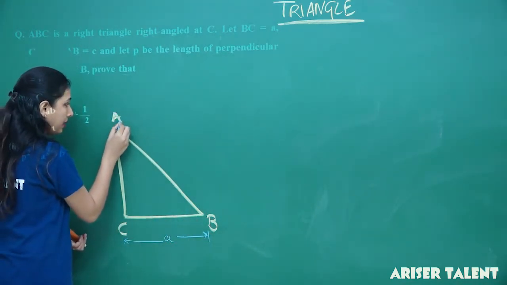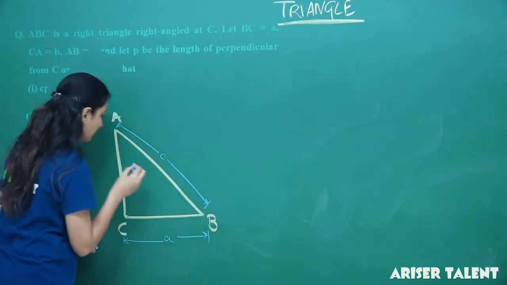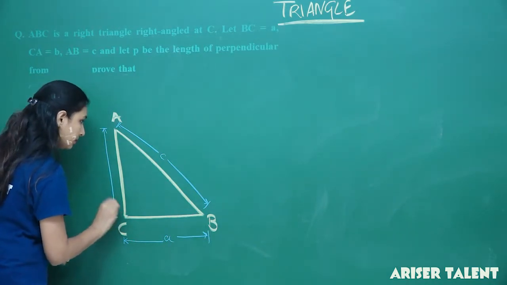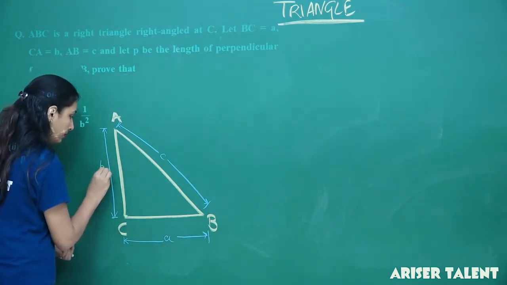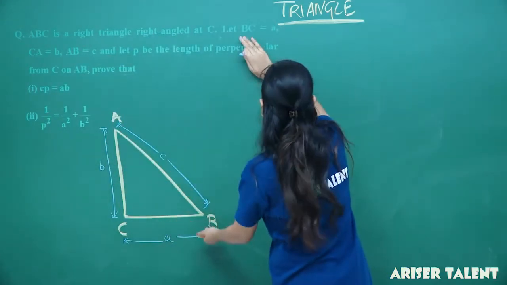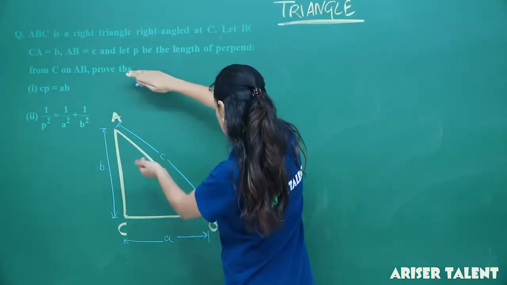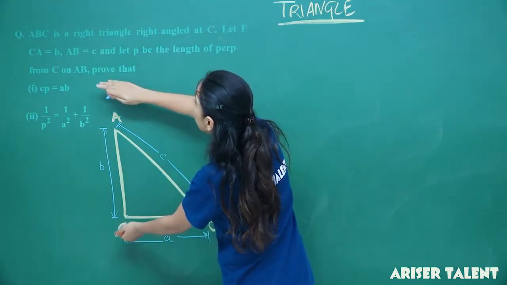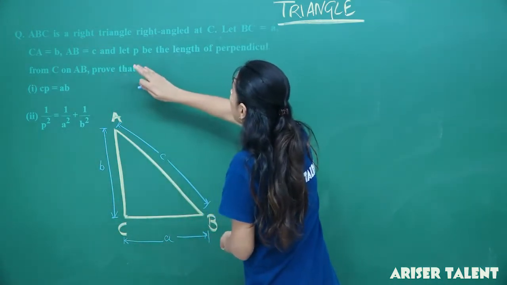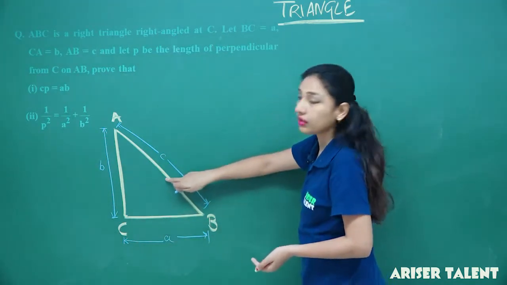Now, AB is given as C, and AC is given as B. Check it out. BC equals A, CA equals B, and AB equals C. And let P be the length of perpendicular from C on AB.